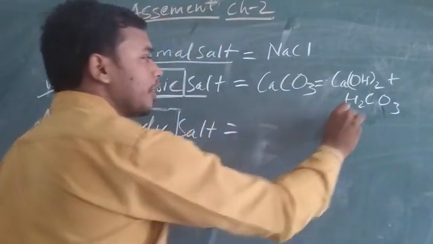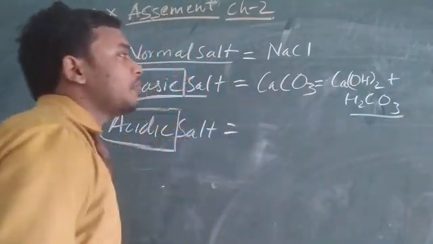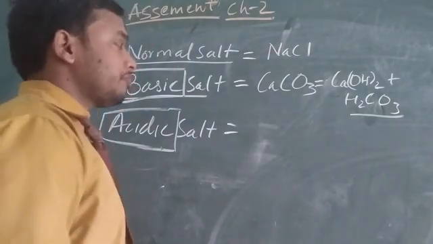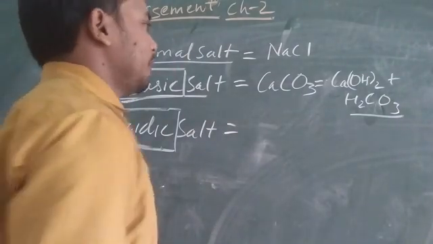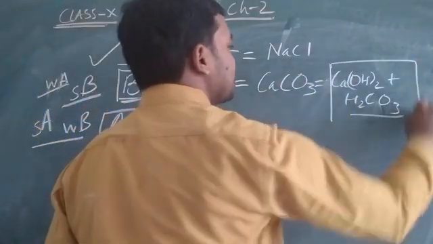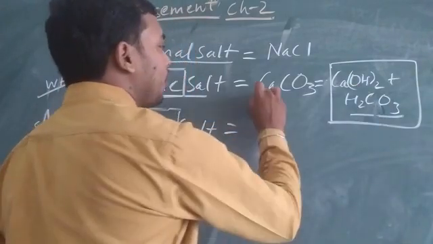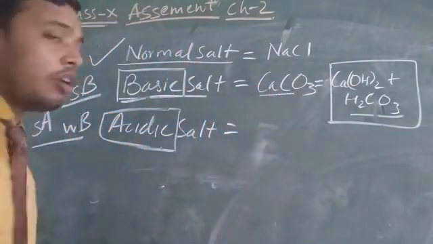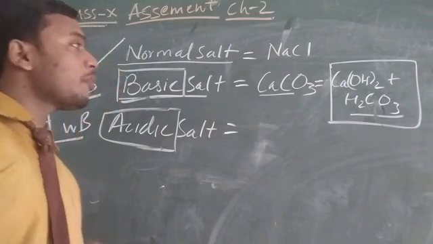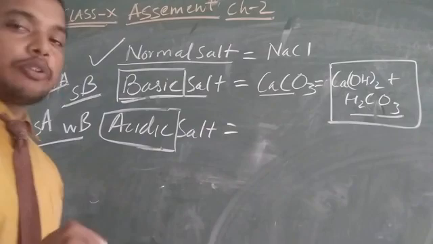Here carbonic acid is a weak acid and calcium hydroxide is a strong base. So the combination of a strong base and a weak acid forms a basic salt, because the base is strong and the acid is weak.